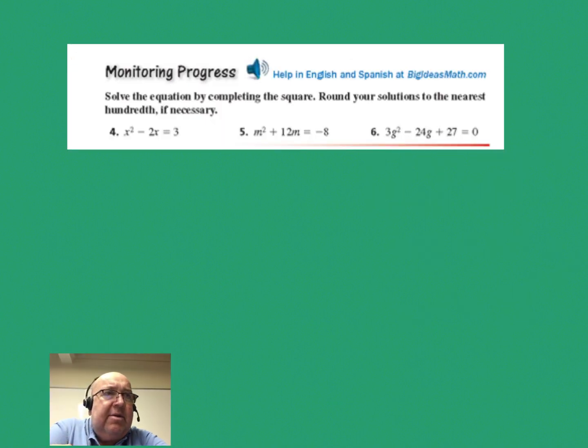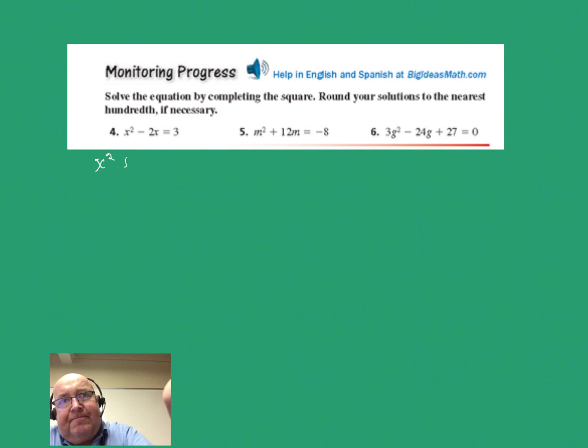Alright, so I'm going to do the first and third on this page. So we're going to get x squared minus, minus 2 squared. I'm skipping the writing it out, equals 3.